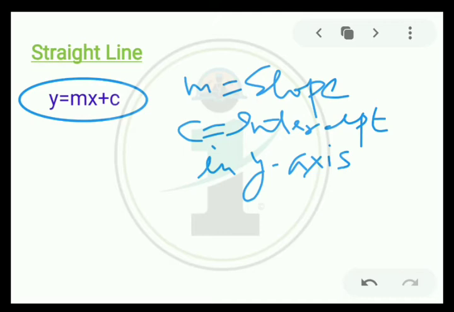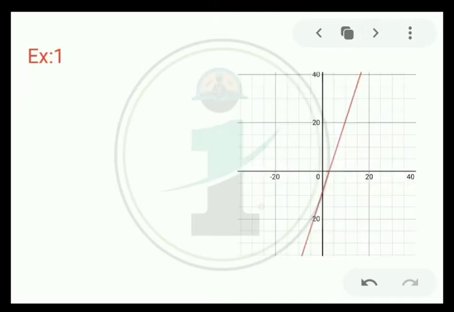So let us see some examples. The first one I have given here is an example like this. Here you can see I have drawn a straight line which has an equation y equals 3x minus 9.